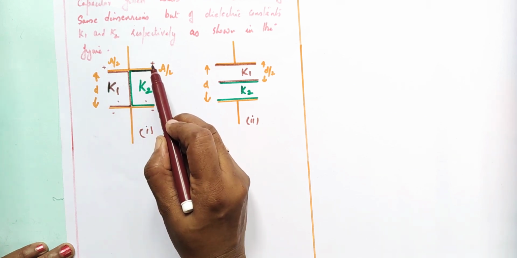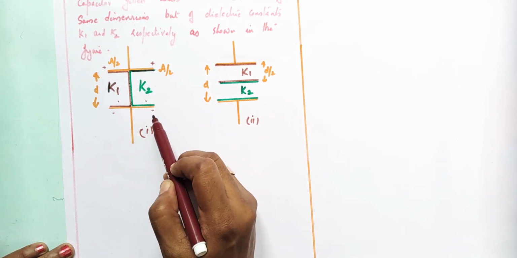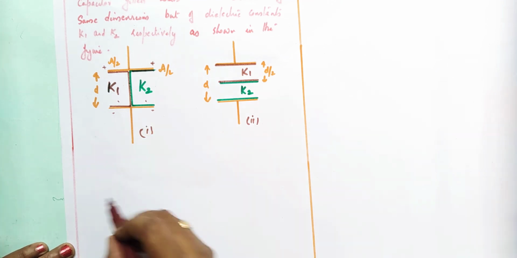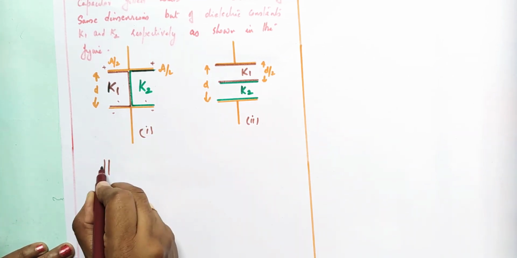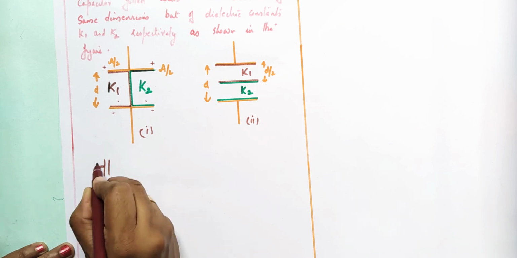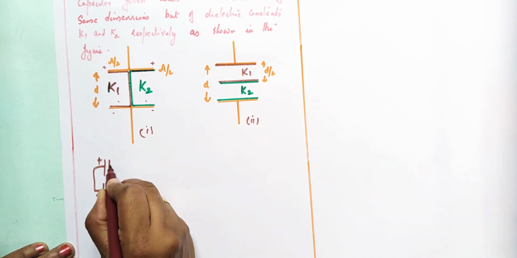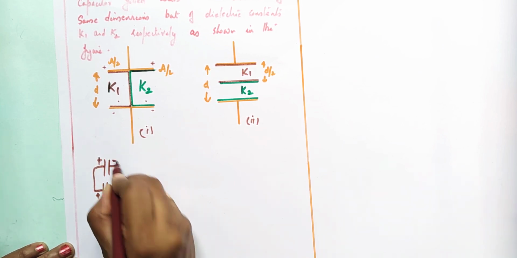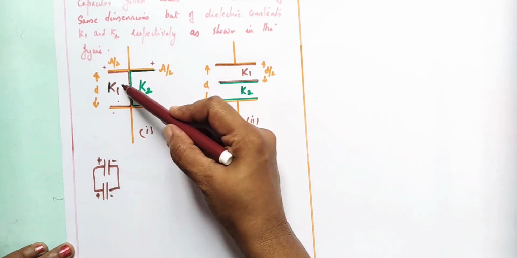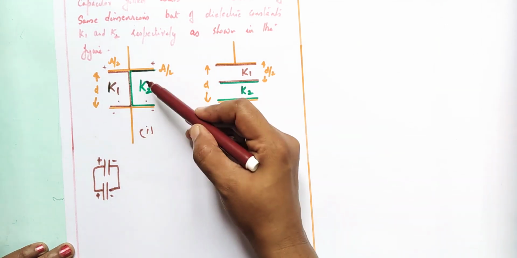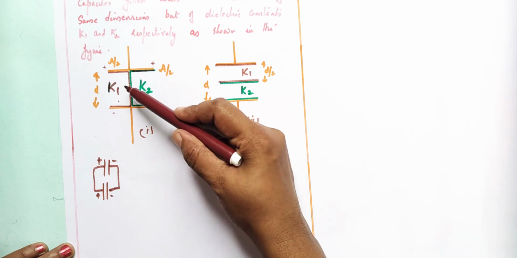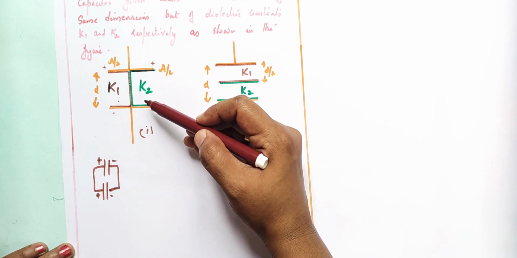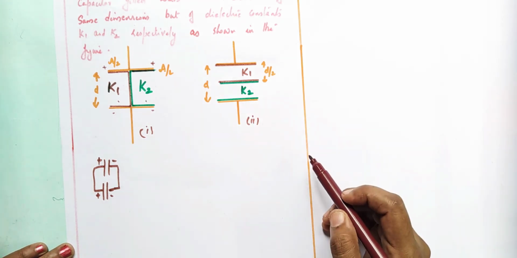Positives of the two capacitors are connected and negatives of the two capacitors are connected. That means this is the first capacitor with K1, this is the second capacitor with K2, both connected in parallel. So we can take the parallel combination.